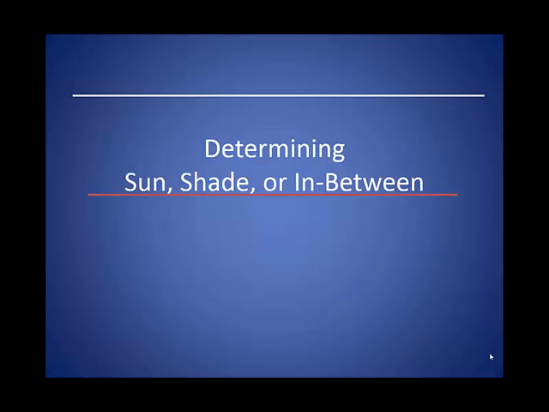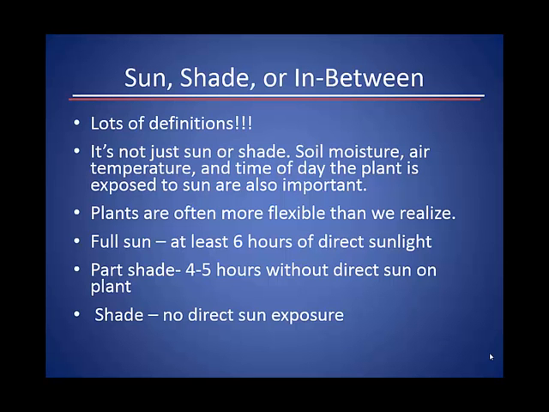All right, determining whether your area where you want to put your flower garden is sun, shade, or somewhere in between. Here are some general guidelines, although there are lots of definitions and gray areas. Full sun is at least 6 hours of direct sunlight per day.